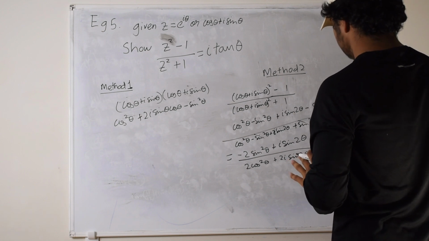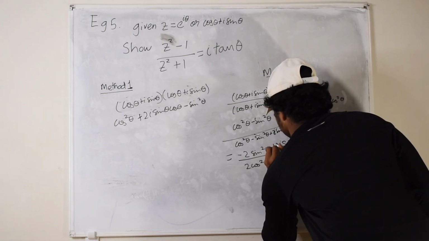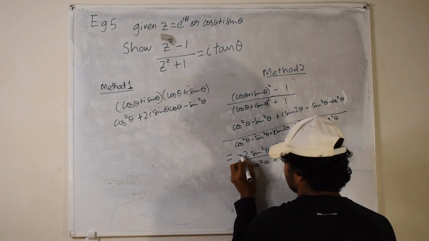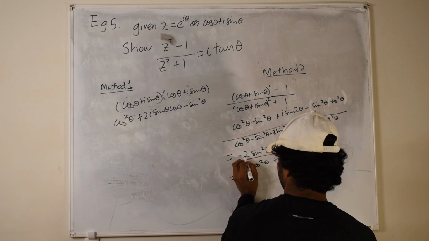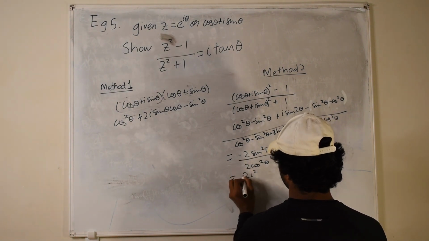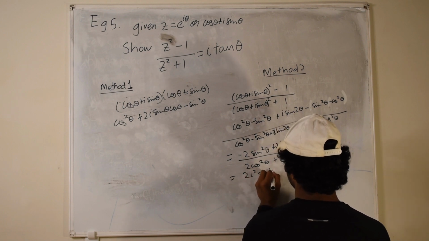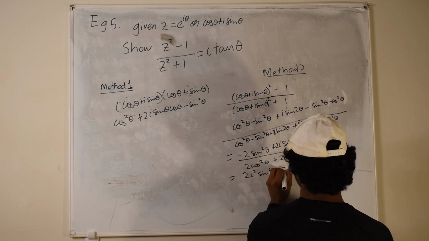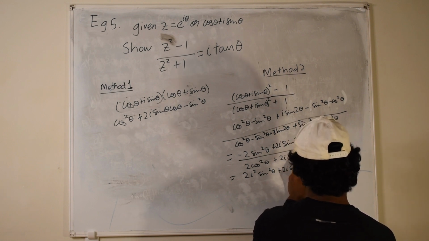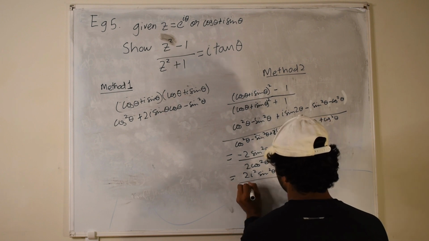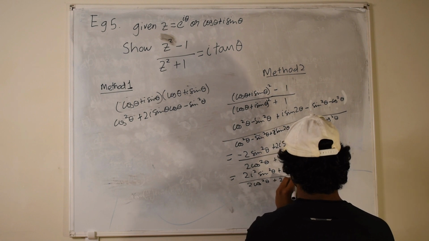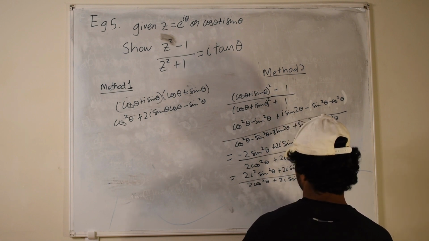What can we do next? The negative 1 we can change to i squared. So this then becomes 2i squared sin squared theta plus 2i sin theta cos theta, all upon 2 cos squared theta plus 2i sin theta cos theta.